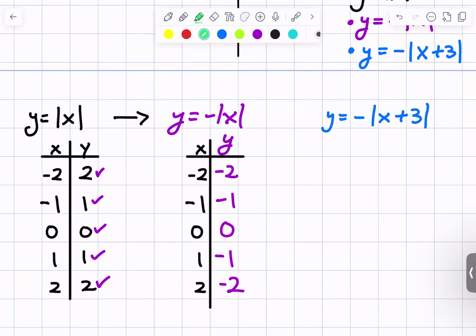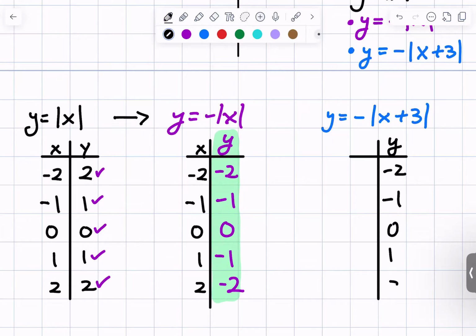I'm never going to go back to my parent function anymore. So copy and paste my y column. So that would be negative 2, negative 1, 0, negative 1, and negative 2, right? And I'm moving it over to the left 3 units, correct?